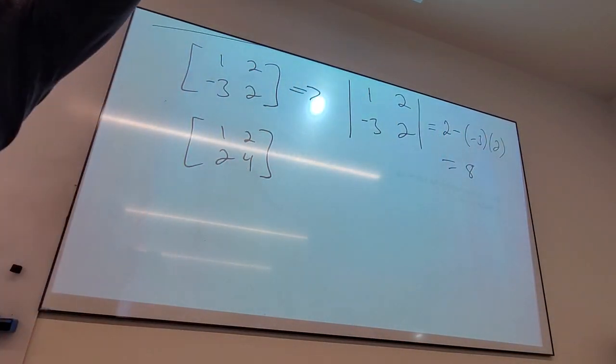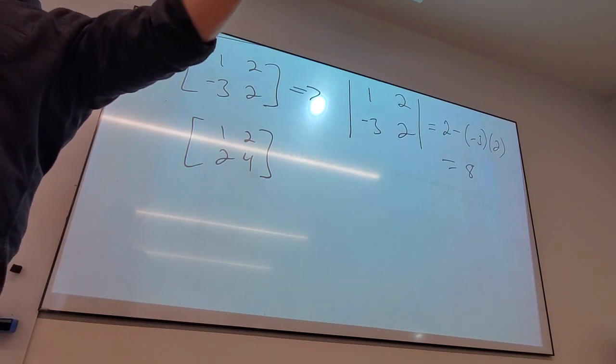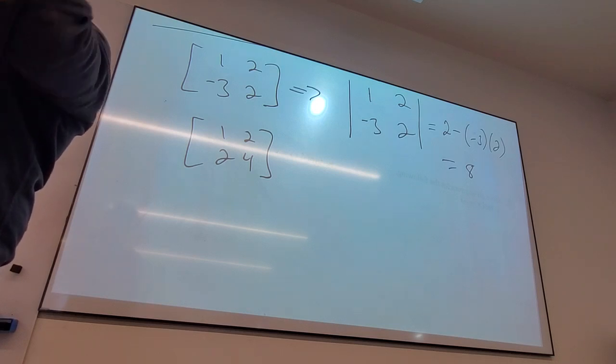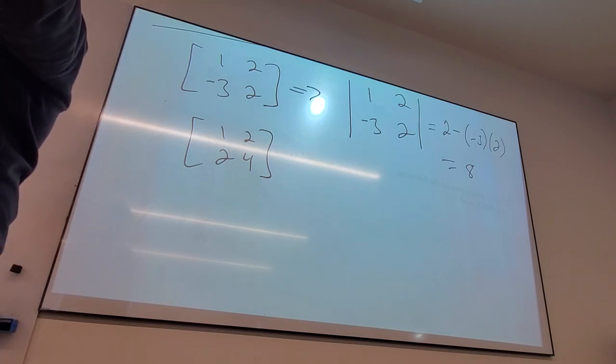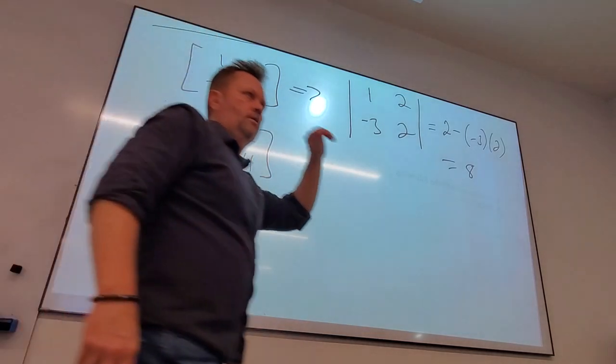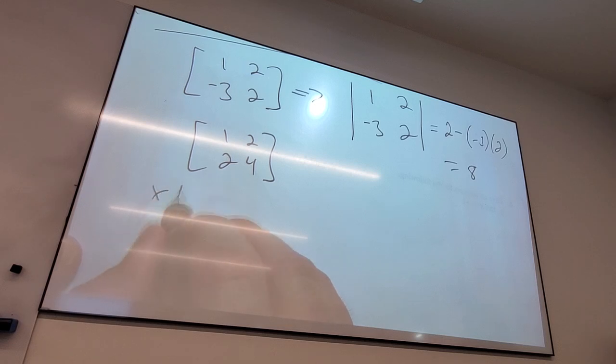Column 1 is 1/2 column 2. You guys with me? So there's a terminology called linearly independent. One row is dependent on the other one. You guys with me? What is the determinant? 0.